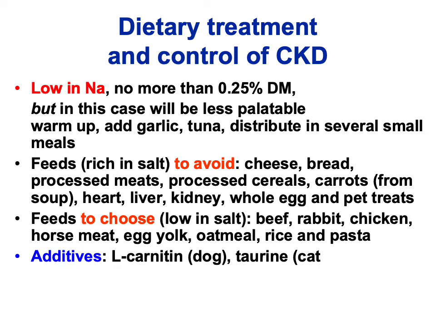Be careful, because the cereals are low in sodium, but in the preparation of the bread a lot of sodium is added. Avoid all the processed meat and meat products, the cereals like porridge which have undergone technological processes, carrot soup, heart, liver and kidney, because the residue of the blood may have a high sodium content.